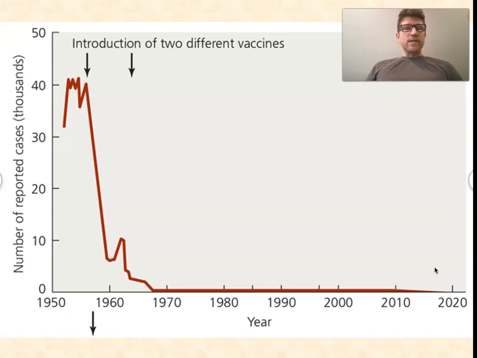The oral vaccine has made its way around the world. But you can see that even by the time 6 years later the oral vaccine came around, polio was on the run because of the first vaccine. So the introduction of these two vaccines in the 1950s and early 1960s have essentially wiped out polio.